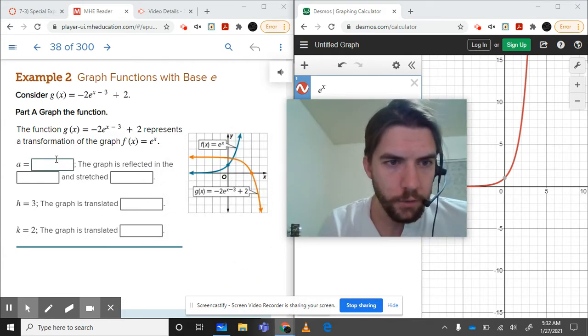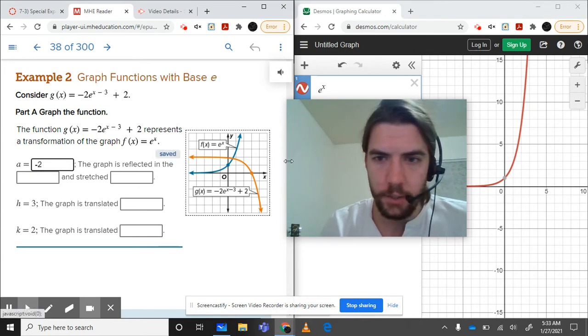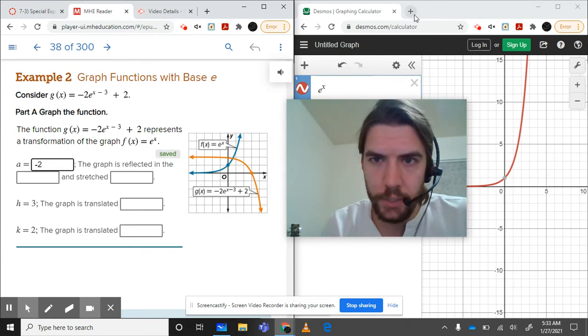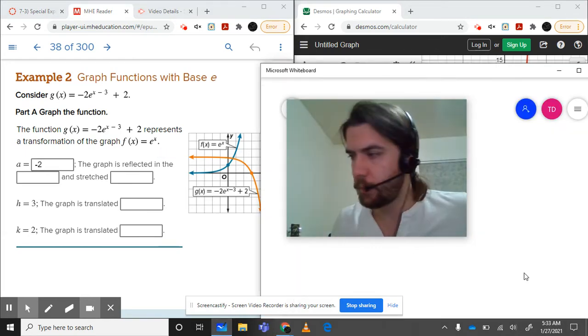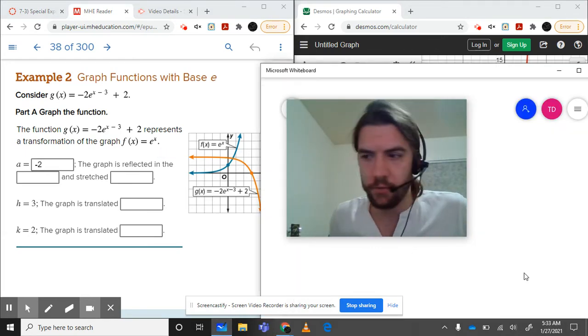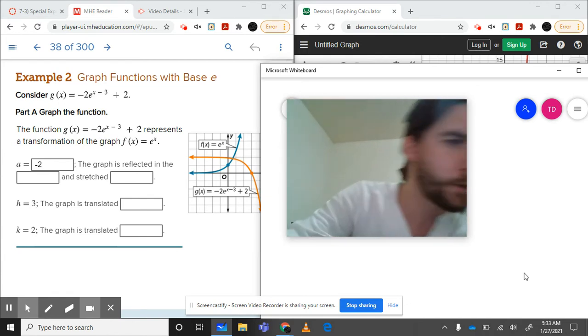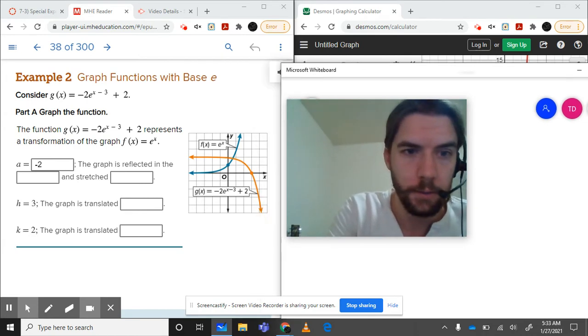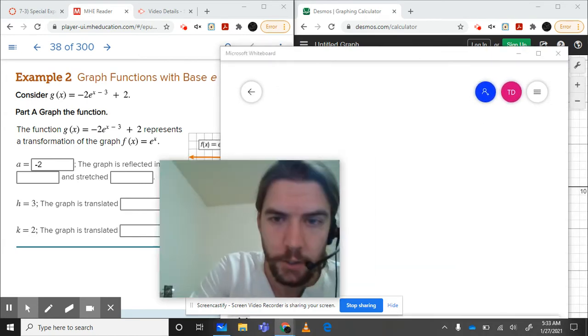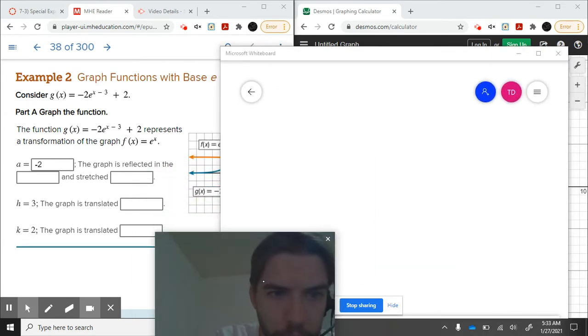So here they're saying a equals what? I believe that's going to be negative 2. I haven't looked at this ahead of time, but if I had to guess, they're probably just going to use A, B's, and C's for the basic formula. Well, they have H and K there too. So let's figure that out. I believe A is your first one.